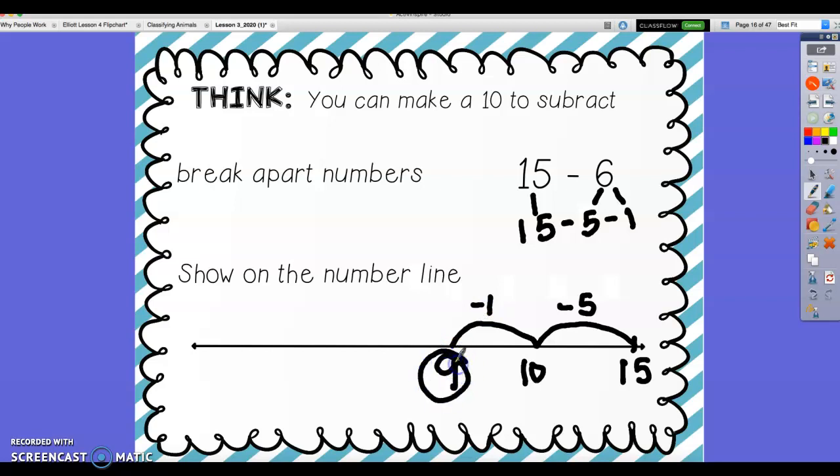So my answer is 9. So this way, breaking apart numbers is just a little bit tricky, but be sure that you're just paying attention and you'll get it in no time. Basically, you're just breaking apart the smallest number into numbers that would equal that, and then taking it away from the biggest number.